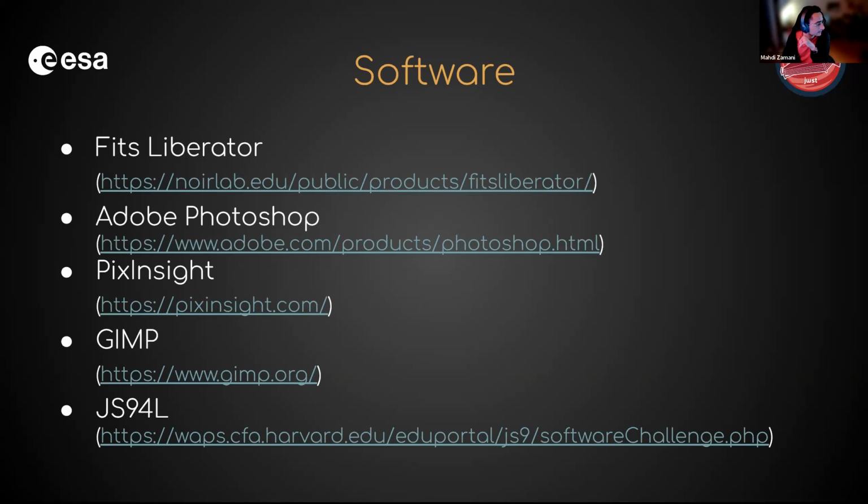And the software is also part of the package that you would receive. There will be mention of, I think, more software than what is mentioned here. But generally, we use FITS Liberator with the FITS Liberator application, and then we take it to Adobe Photoshop.